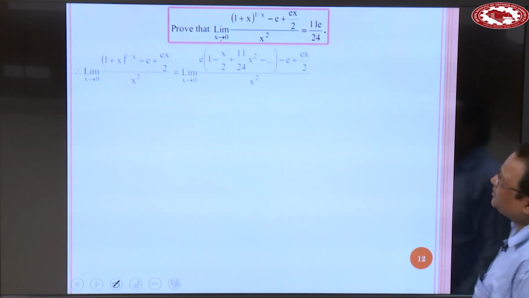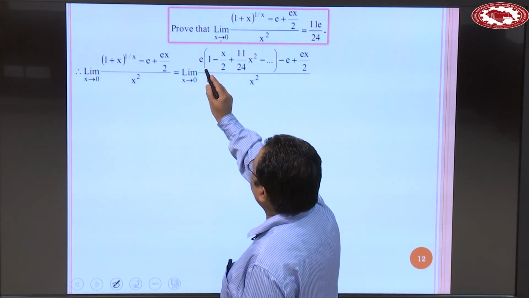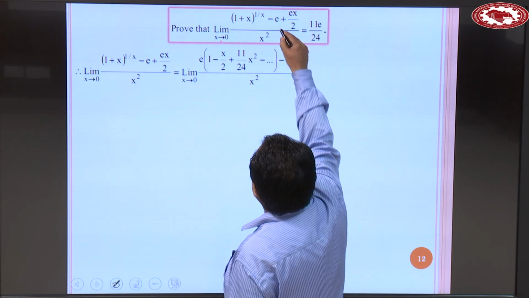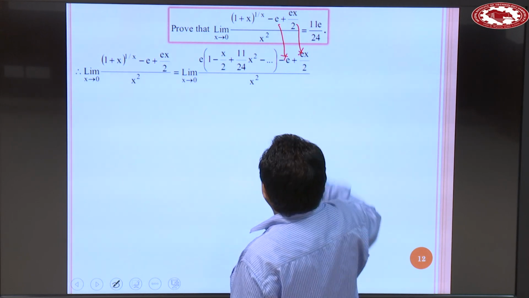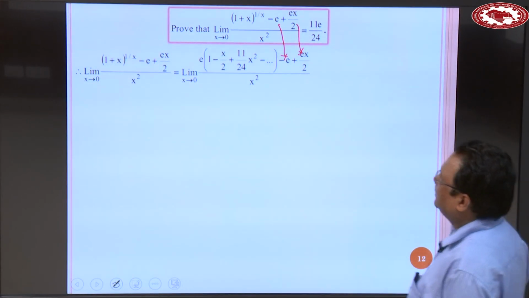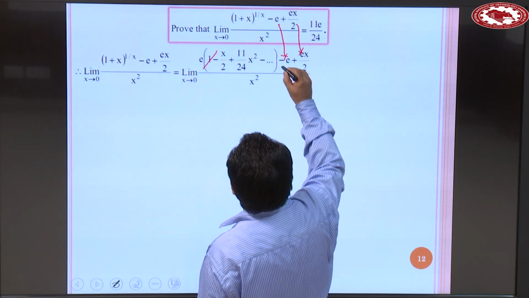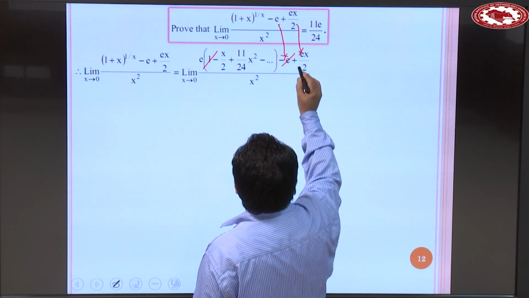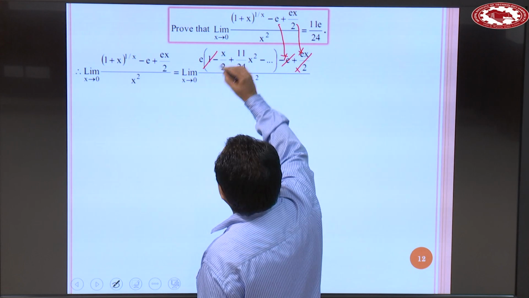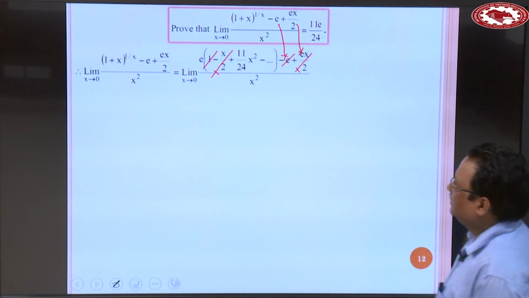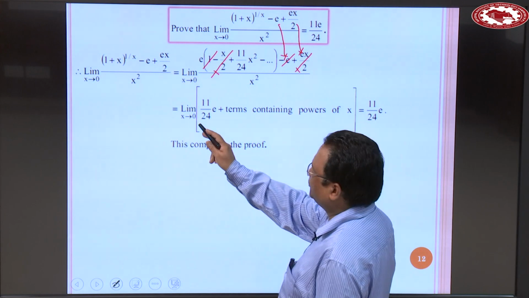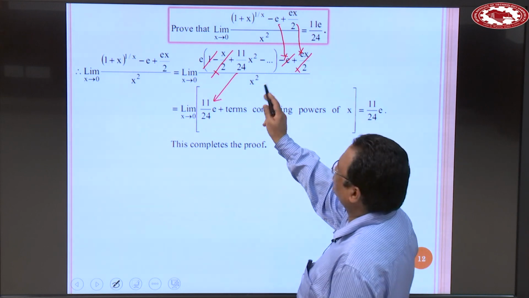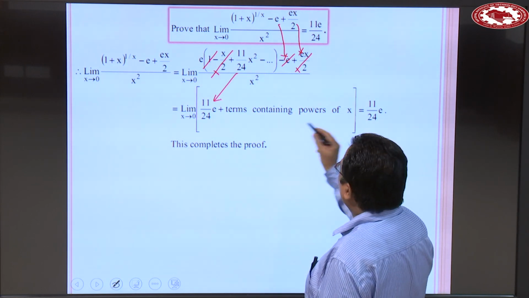Similarly, we can substitute this value here. So when we substitute this value here, we obtain e into 1 minus x over 2 plus 11 over 24 x square minus and so on, and this minus e as it is and this term as it is. Clear? Now this term cancel. e x over 2 with minus sign plus e x over 2, this term and this term cancel, and we obtain limit x tend to 0, 11 over 24 e, x square and x square cancel, plus terms containing powers of x.